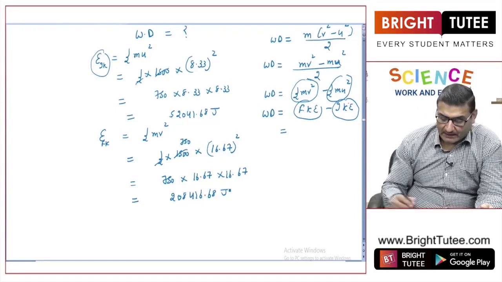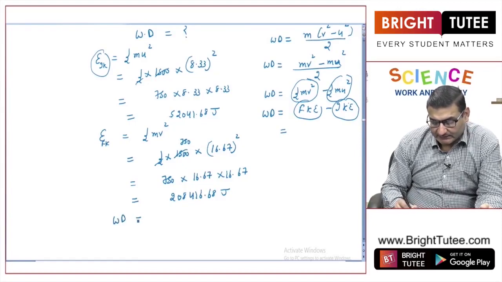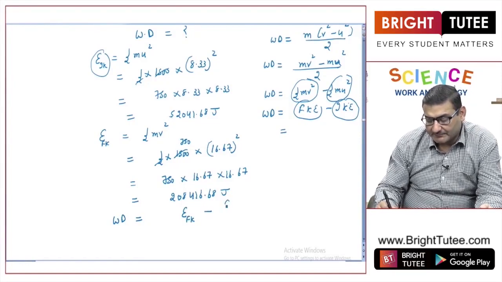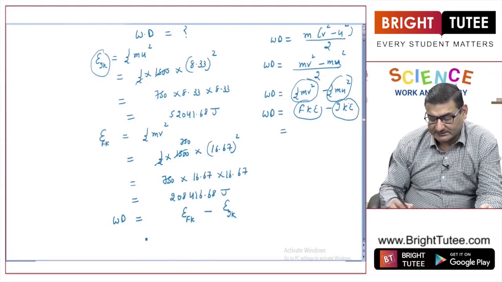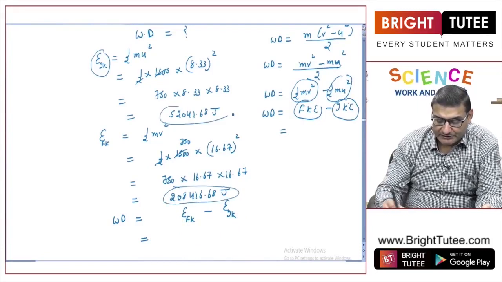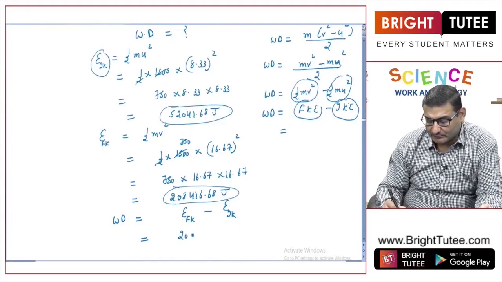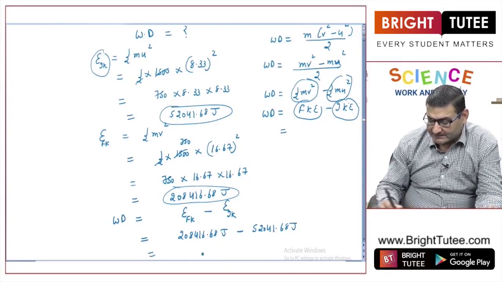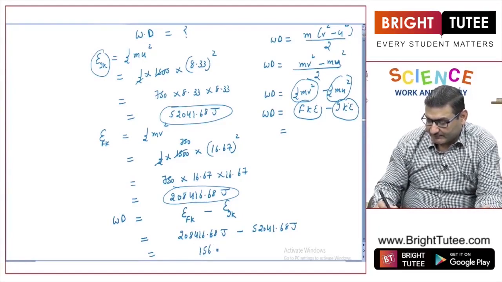This is basically my final kinetic energy. Got it? Now if I need to calculate the work done, it will be the difference of final kinetic energy minus initial kinetic energy. Final kinetic energy was this value, initial was this value. Let us see, 208416.68 joules minus the initial one, 52041.68 joules, and when I subtract it, I will get a value of 156375 joules.